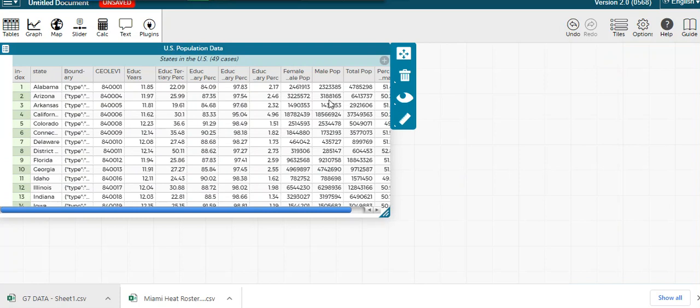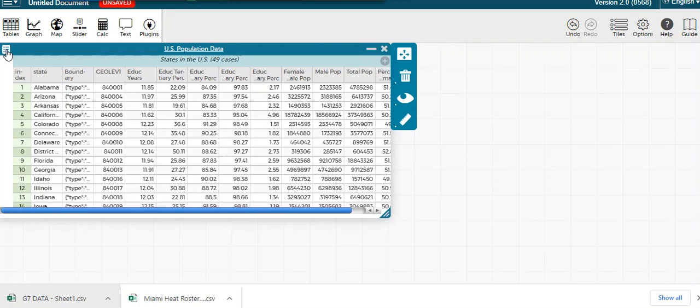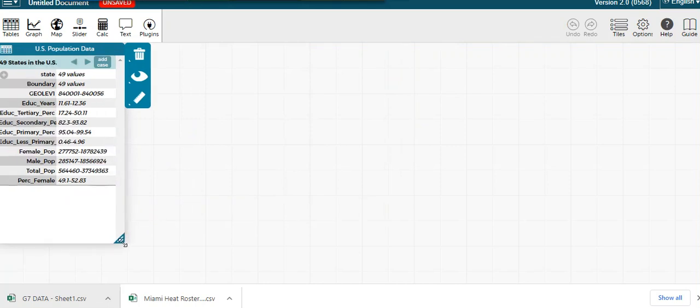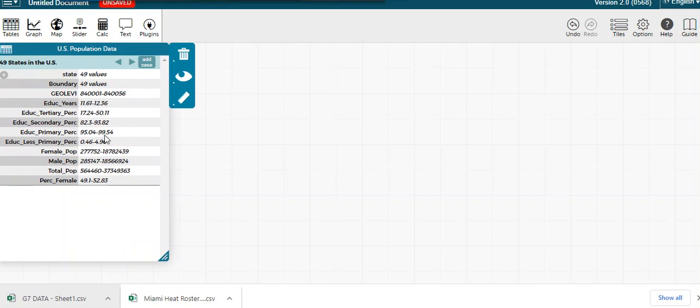And because there are so many categories, we're going to go in the corner and switch to case card view and try and decide. All right, so you have education in years.